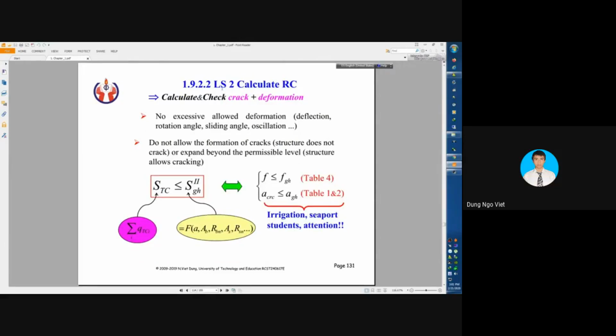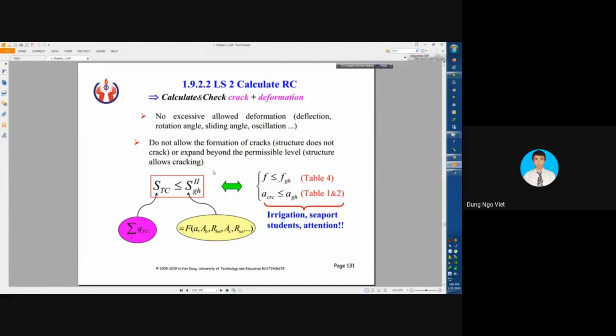For limit state 2, we calculate reinforced concrete and check crack and deformation. We ensure no excessive deformation, for example, deflection, rotation angle, sliding angle, or oscillations.